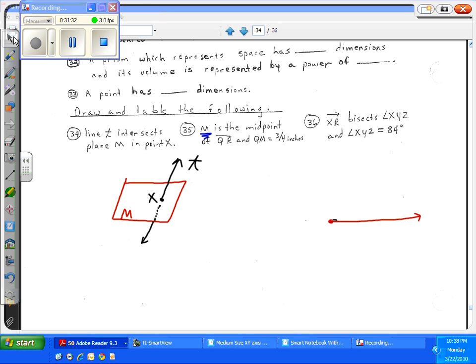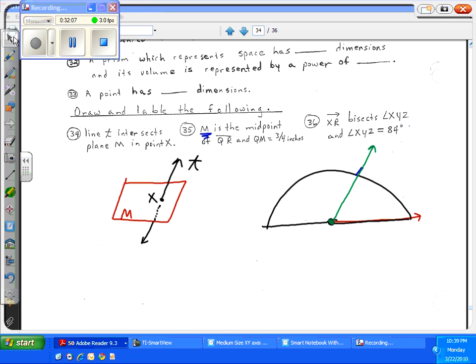Then we would take the bottom of the protractor, the hole in the protractor, put it right there, and lay our protractor on top. Then we would come over to 84 degrees on our protractor and make a little mark. Then we would lay our protractor aside and get a ruler and measure from here to that mark, and that would give us an 84-degree angle.